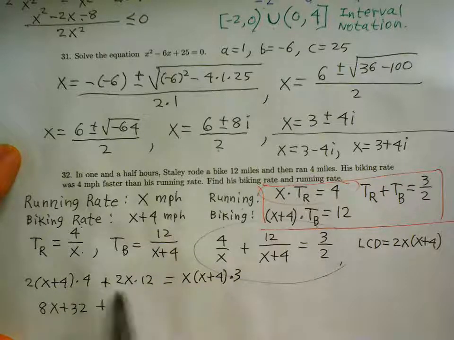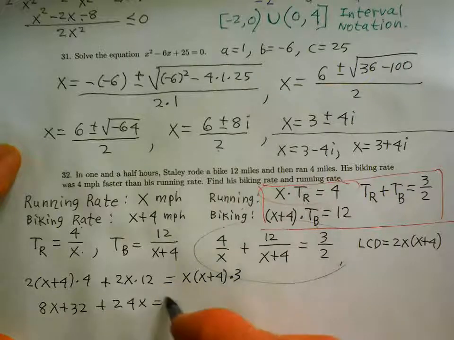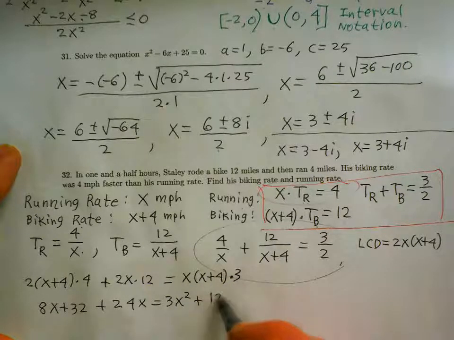And then 2x times 12 is plus 24x. On the right-hand side, 3 times x plus 4, we'll get 3x squared, and then plus 4 times x times 3 is plus 12x.